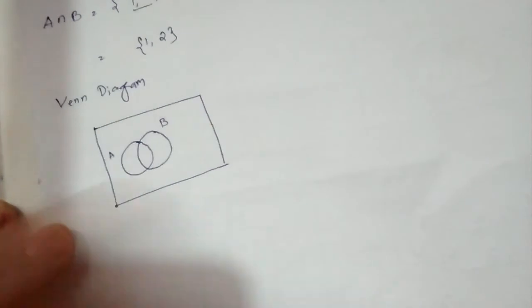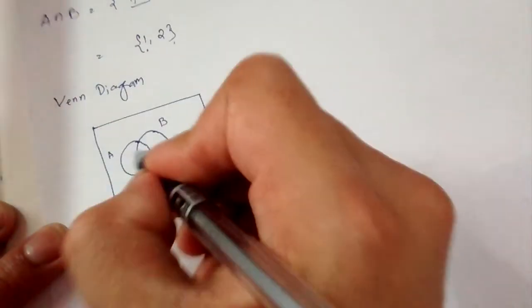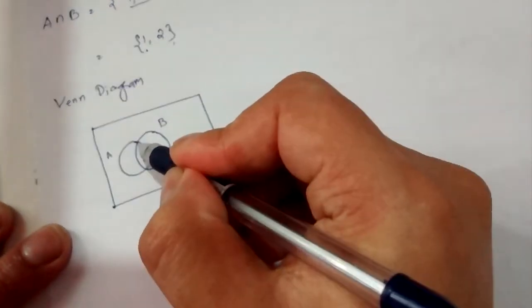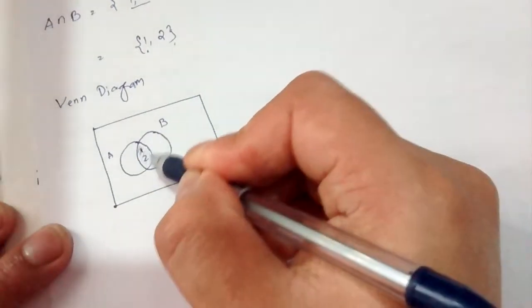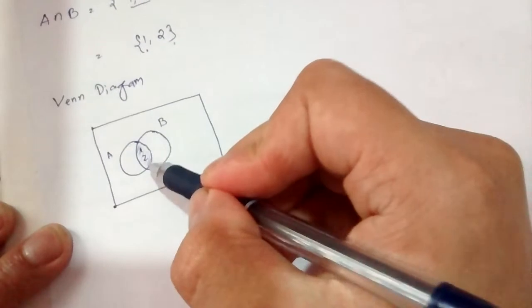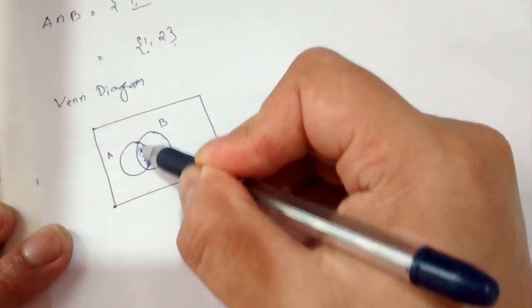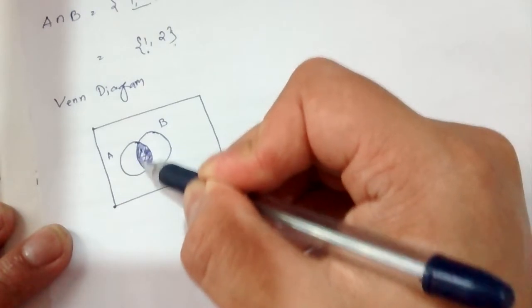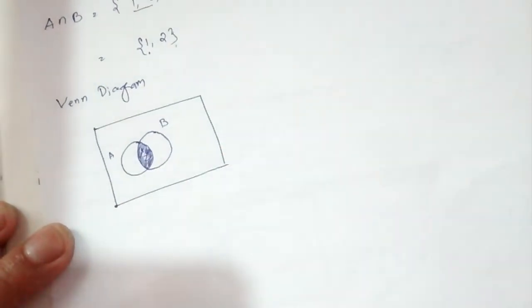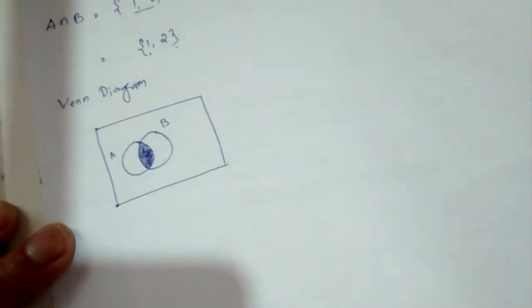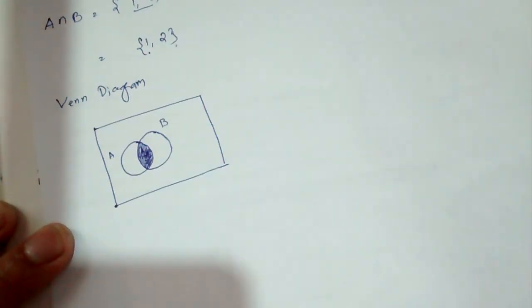So here 1 and 2 are common, so you'll have to write here 1 and 2. Got it? So this portion indicates the intersection of a set.